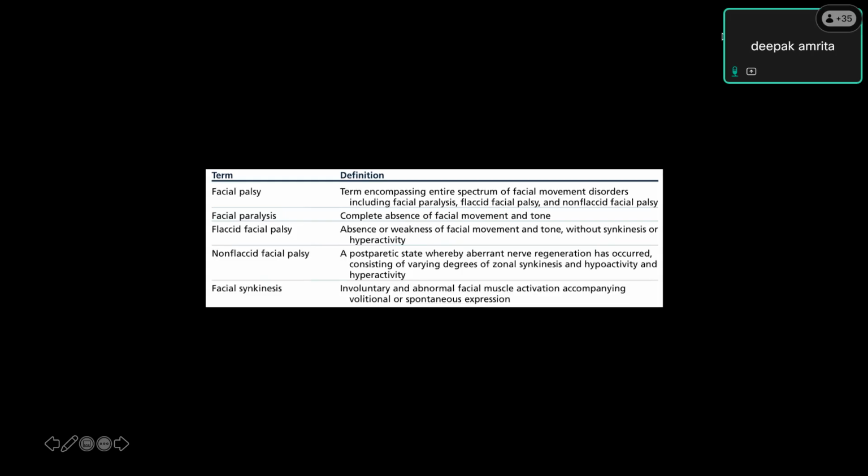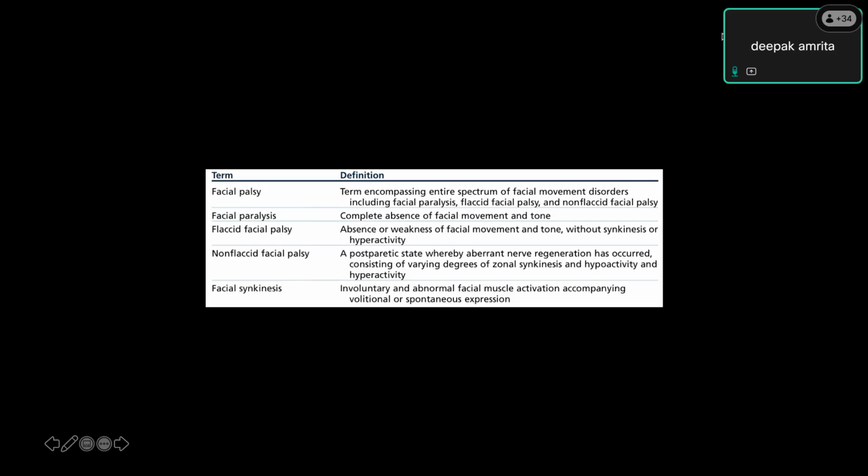Flaccid facial palsy is weakness of the muscle tone also, along with facial weakness. And this is bad because the muscles have lost their neuromuscular junctions and their ability to contract. And for these, you have to do slightly different techniques to rehabilitate such patients.